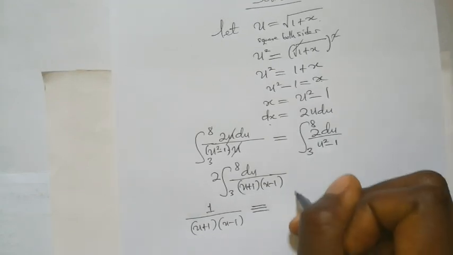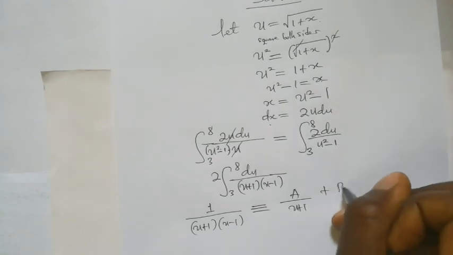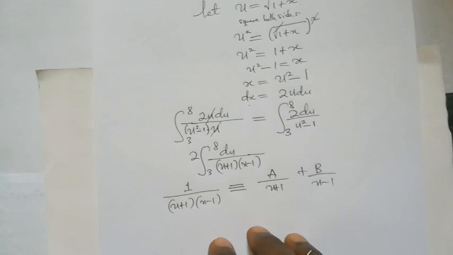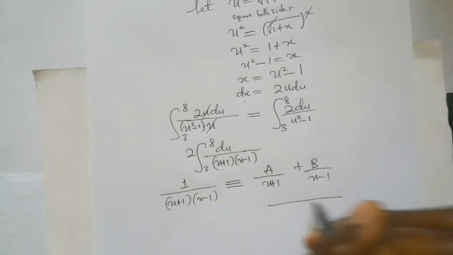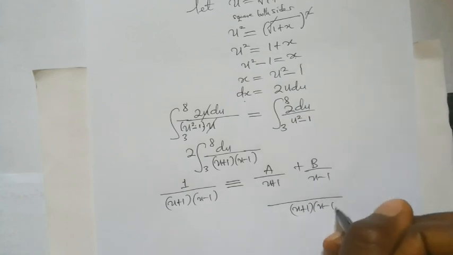This is equivalent to A over u plus 1 plus B over u minus 1. So when you take the LCM, we are going to have u plus 1, bracket u minus 1.